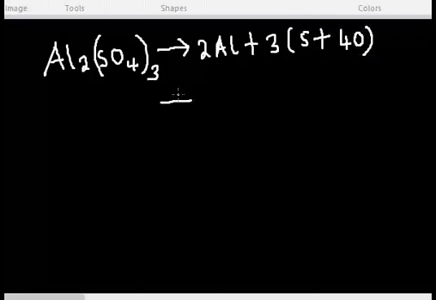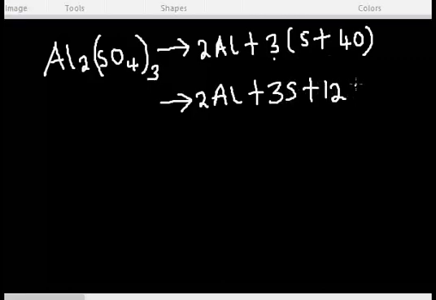So let's open this bracket now. 2 atoms of aluminium, plus 3 atoms of sulfur, then 3 times 4, that's going to be 12 atoms of oxygen. So with that now, percentage by mass.